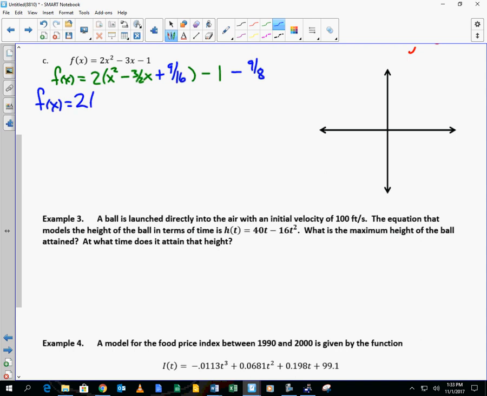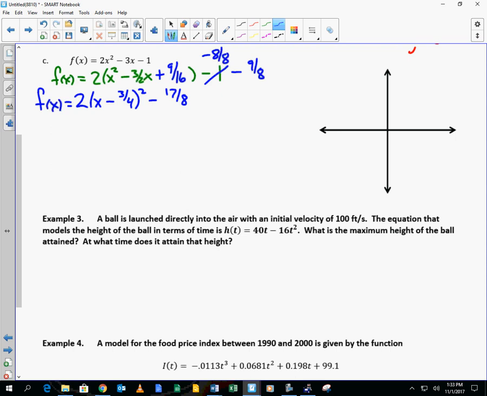2 times good, x minus 3/4. And then negative 1 is like negative 8 over 8. So negative 8 over 8 minus 9 over 8 would make the negative 1.